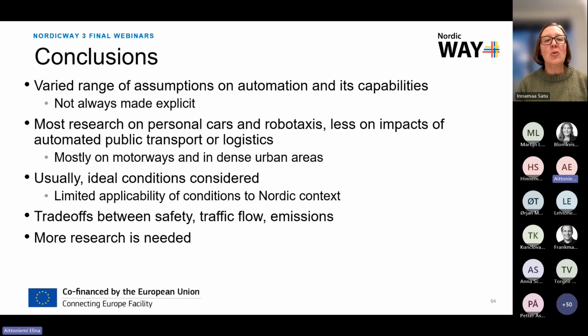And this is not all that NordicWay 3 has done in the evaluation. As I said, we have a big number of evaluation studies done under different pilot activities here, and some of the last ones are still ongoing, so that we are still waiting for the last results.